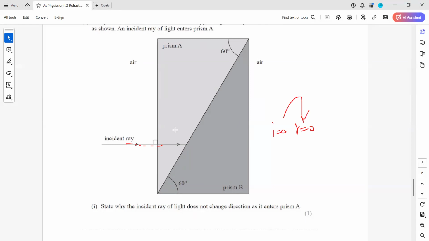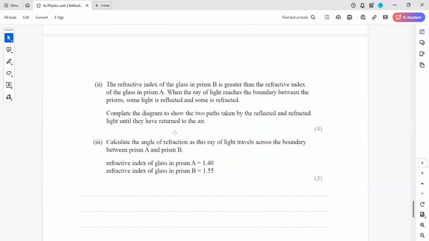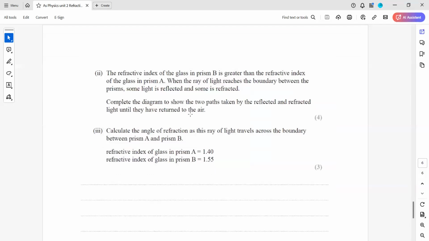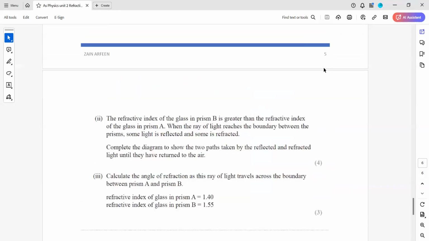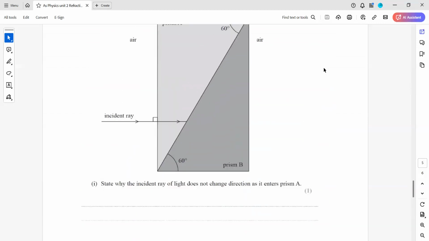The next: the refractive index of glass prism B is greater than the refractive index of A. When the ray of light reaches the boundary, some of the light is reflected and some is refracted. Complete the diagram to show the two paths taken by the reflected and the refracted rays until they have returned to air.